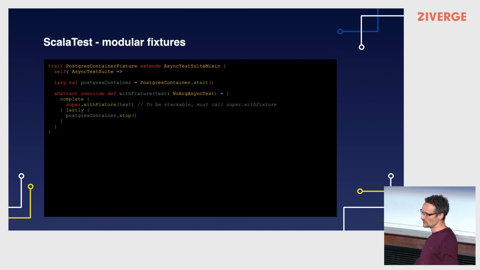One way to do this is to extend the AsyncTestSuiteMixin. This example shows you how to start a Postgres container and how to stop it at the end. There is this complete lastly structure that is very similar to try finally. It's just for the asynchronous case.